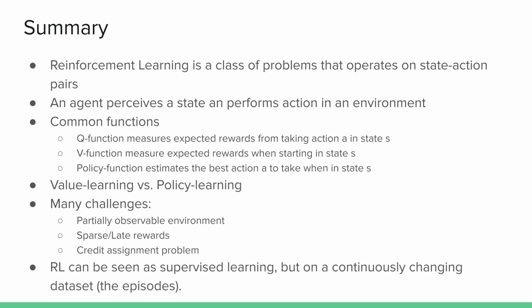The common functions that we want to learn are the Q function, which measures the expected rewards from taking an action A in state S, the value function V, which measures the expected rewards from that state S, which evaluates how good a certain state S is, or the policy function, which directly says what is the best action that you should take if you are in state S.